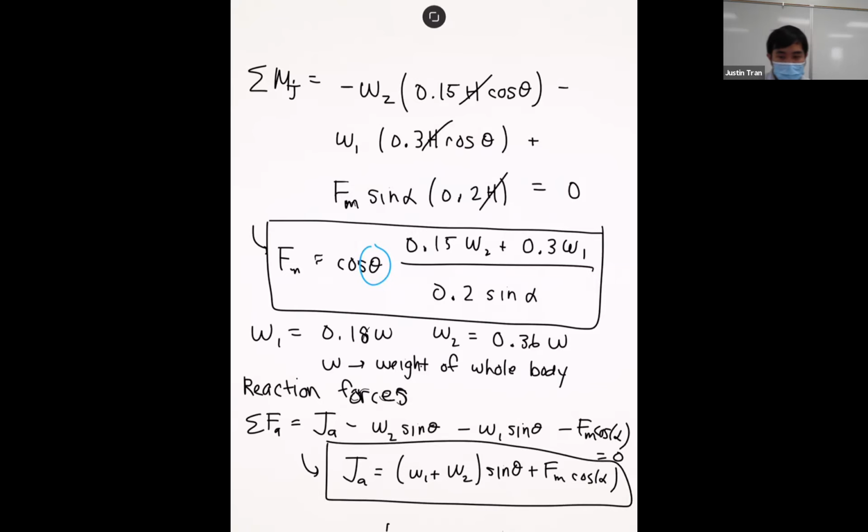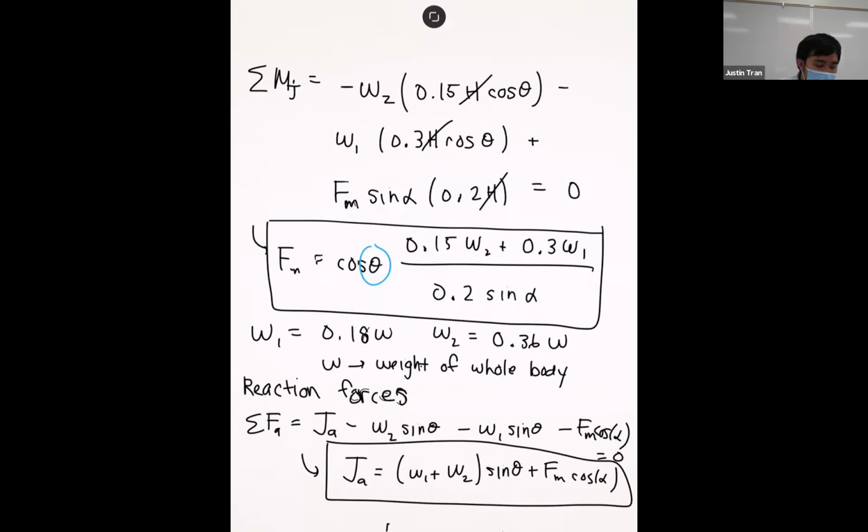Remember, this is in the direction of the spine itself. It's not in the x direction or the y direction. The reason I did this is so that we can strictly quantify how much compressive force is being put on the spine.